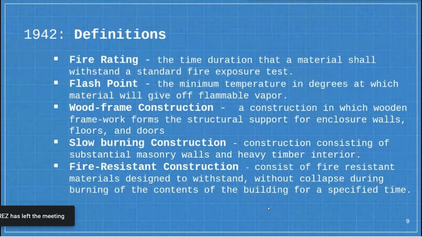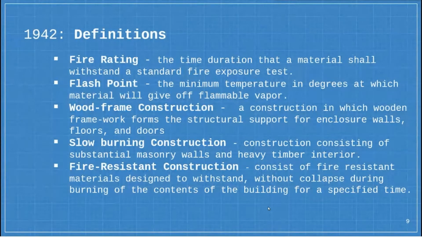1942, definitions. Fire rating is the duration of time that a material shall withstand a standard fire exposure test. Next is flash point, the minimum temperature in degrees at which a material will give off flammable vapor. Next is wood frame construction, a construction in which a wooden framework forms the structural support for enclosure walls, floors, and doors.